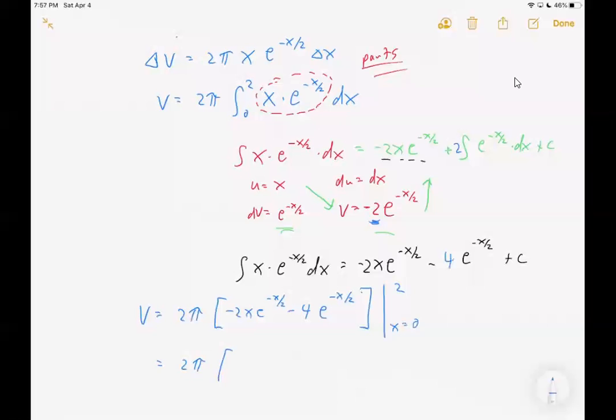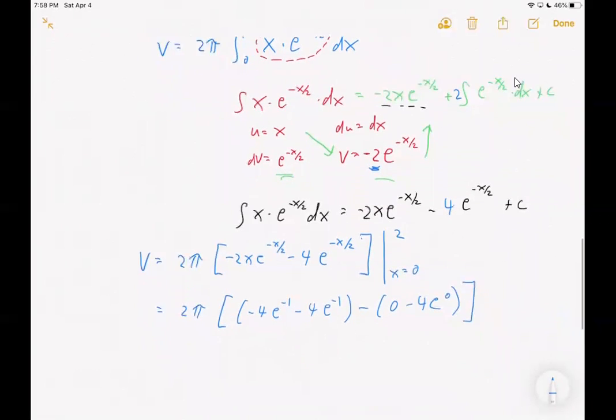So when I put in the 2, I'll end up with negative 4e to the negative 1. And when I put it into the second term, I get another minus 4e to the negative 1. Then when I put 0 in, I will end up with 0, and then I'll have minus 4e to the 0. But remember, e to the 0 is not 0, it's 1.